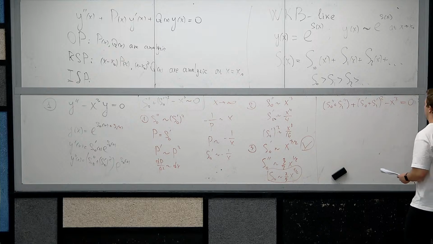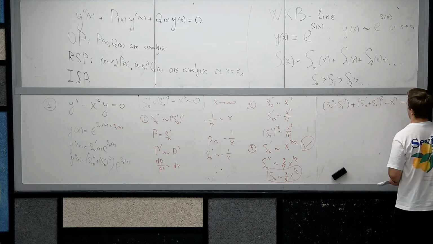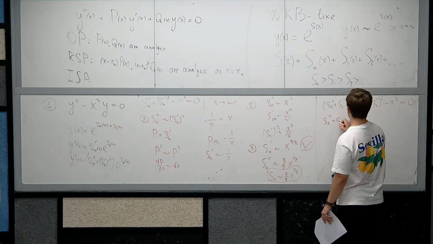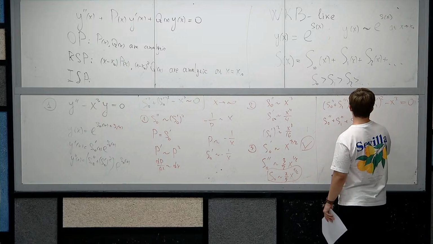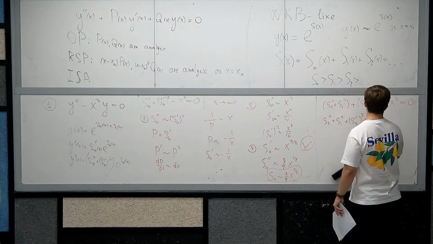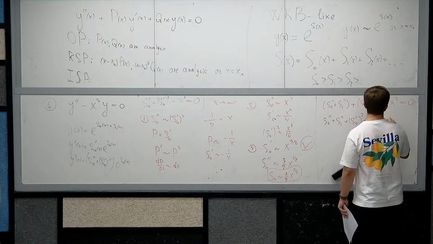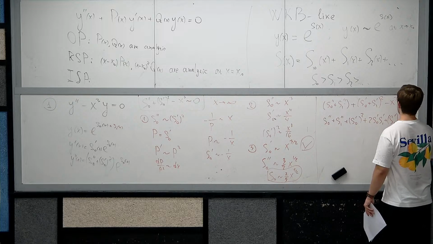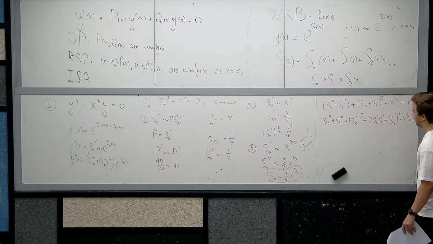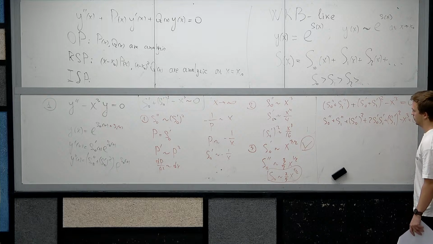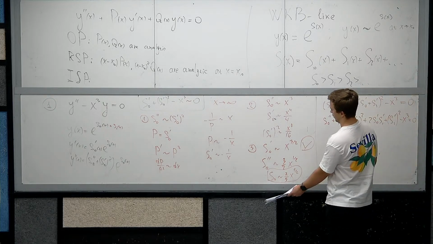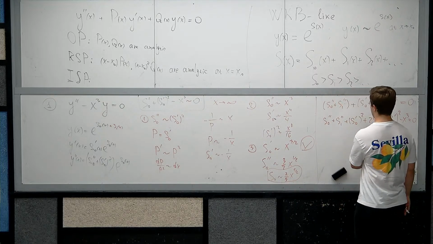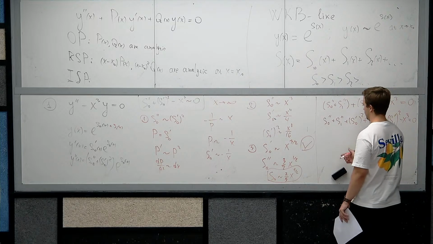Okay, then we need to expand this square. And because we know what S naught, S naught prime and S naught double prime are, we can actually substitute them into this equation.